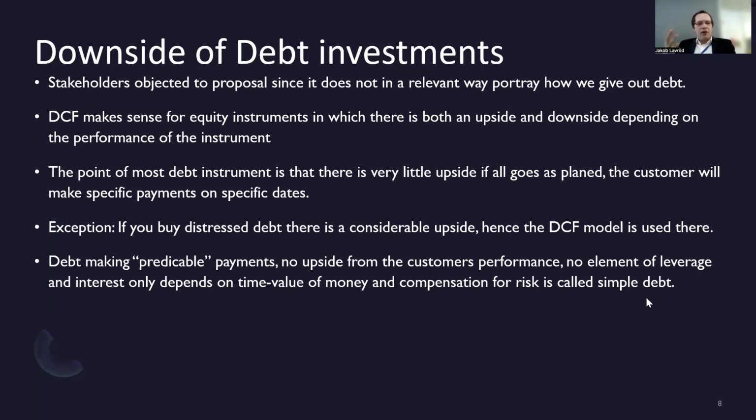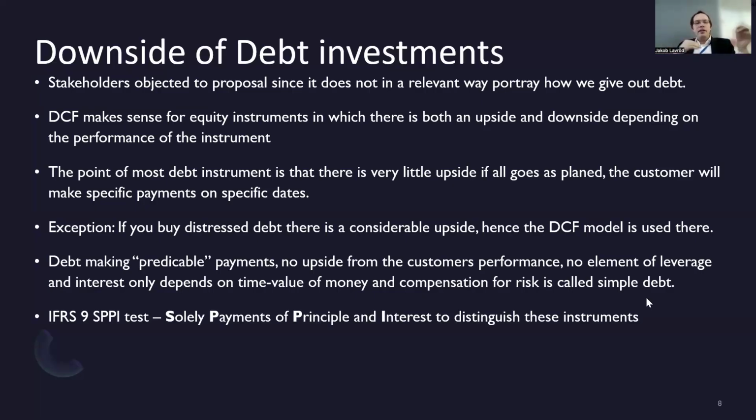That's also the thing with debt, that it makes very predictable payments. And this is the origin of the SPPI test, the so-called solely payments of principal and interest. That is the only type of instrument where we do this IFRS 9 calculation that doesn't go through fair value: simple debt instruments with this capped upside and very predictable cash flows.